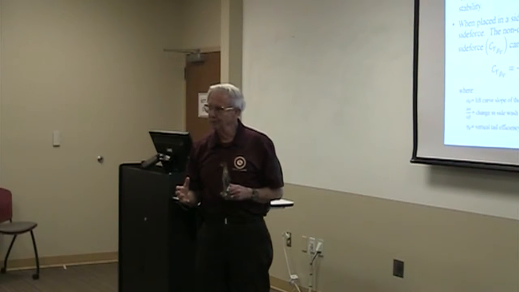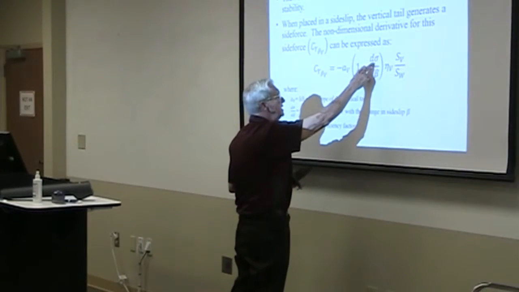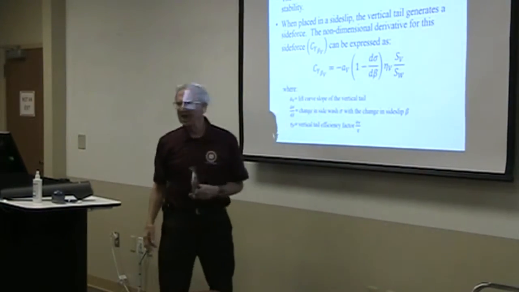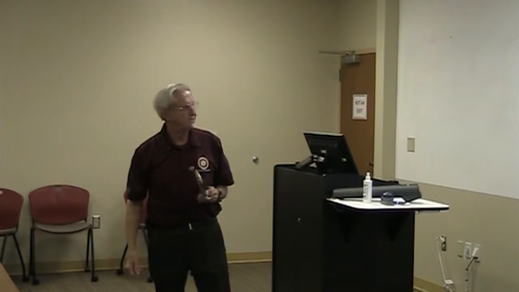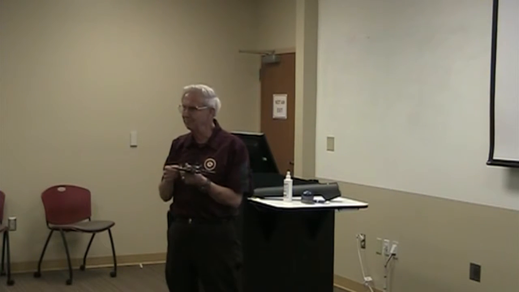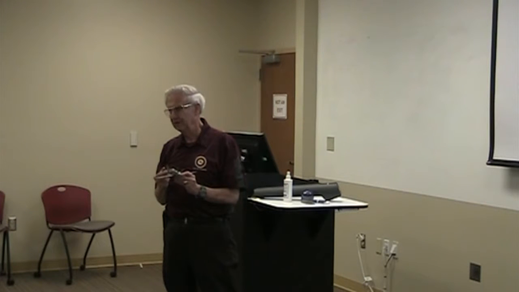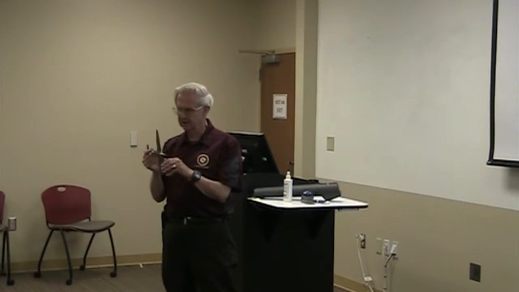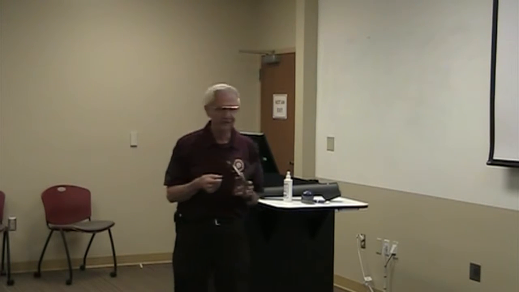Thinking back to when we looked at longitudinal, that equation looks like 1 minus d sigma d beta, or the change in sidewash, d sigma, with side slip. Now remember on longitudinal it was d epsilon d alpha, right? Change in downwash with angle of attack. The thing of it is, the downwash doesn't affect the vertical tail that much, okay?